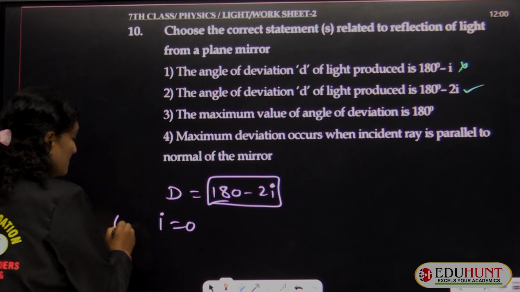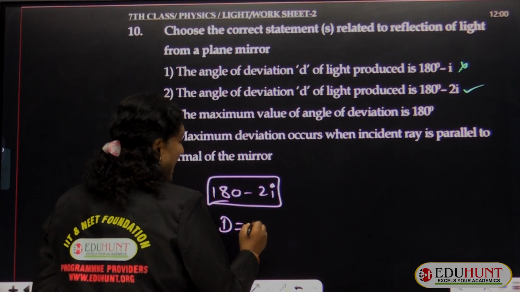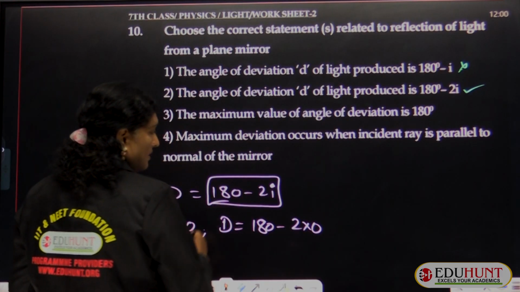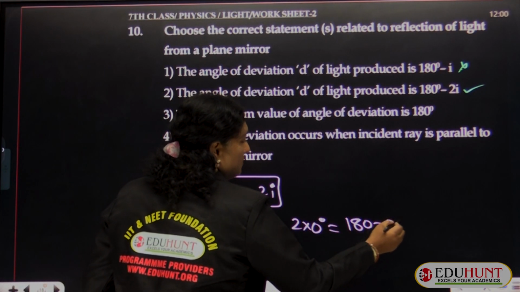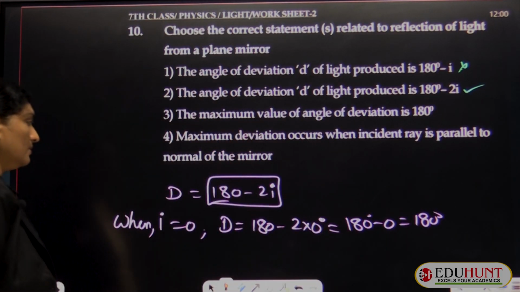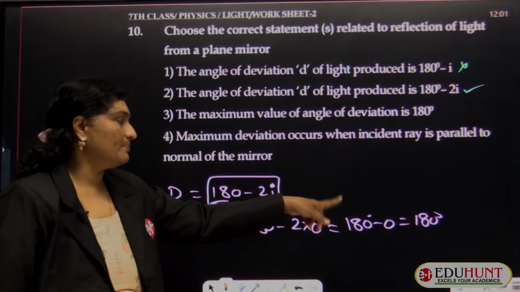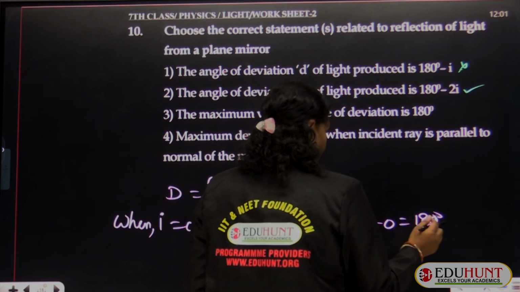When I is equal to 0, we get the maximum value of D as 180 minus 2 times 0. What is this equal to? 2 into 0 is 0 and hence the answer is 180. Of course, it is true. So, the maximum value of deviation is observed as 180 degrees. It's true.